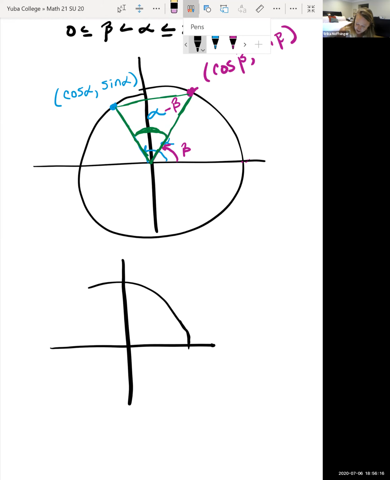So if we rotated that around, now I have my triangle where this side has just come down in here, and this side has rotated, like this.